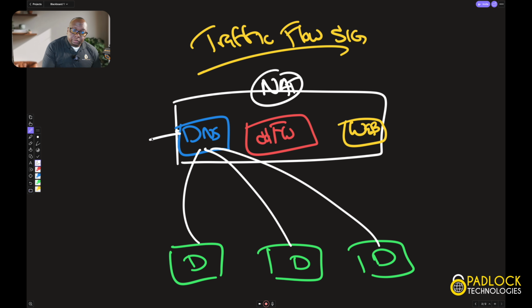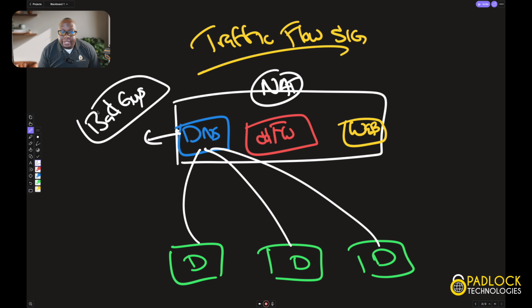This is where the DNS layer security comes from, because if you can block bad guys, or bad things at the DNS layer, you don't even have to worry about going to the web layer because you're already blocking it at the DNS layer, which is DNS layer security. You can stop a lot of bad stuff happening when you do it at the DNS layer, right? And then everything else, put an X for block, then everything else should go through.